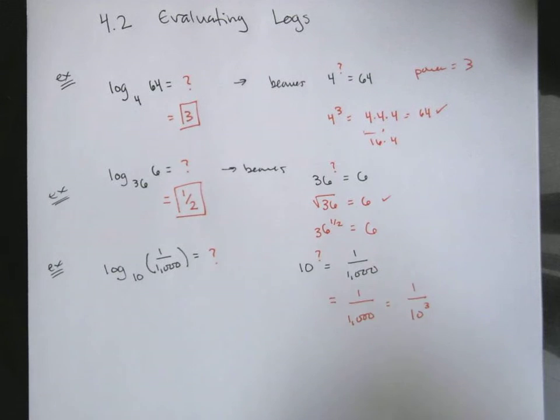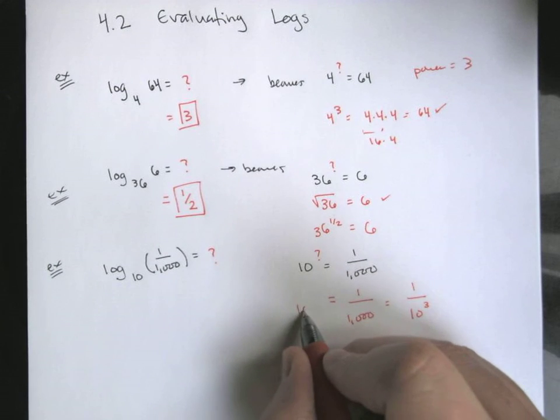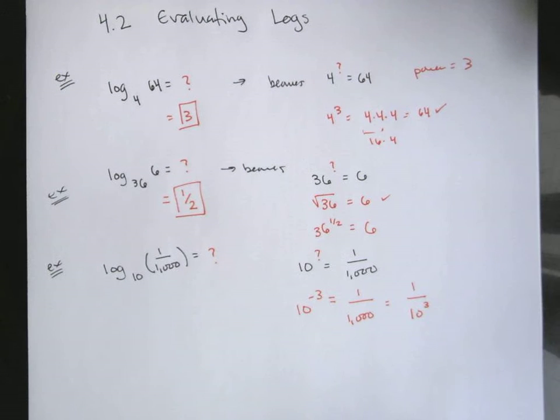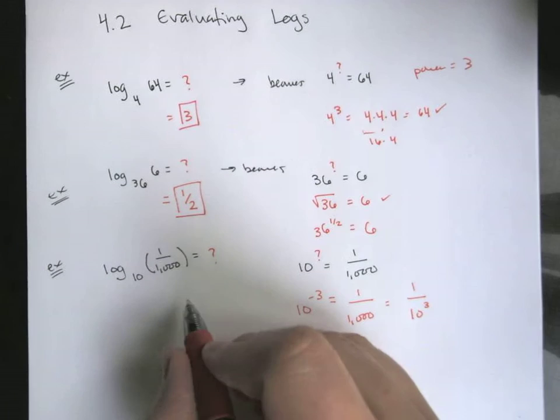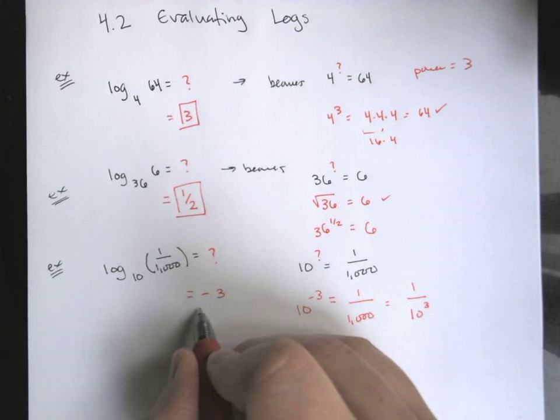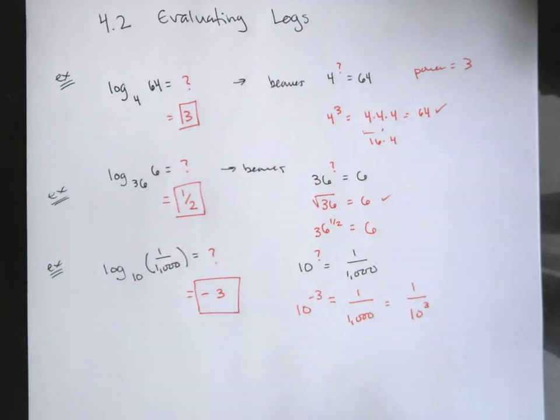How do I get this reciprocal? The only way to do that is if it was 10 to the -3. That negative power flips it, and then we get the positive version. So the exponent from the original 10 to 1 over 1,000 is -3. A couple little patterns you can look for.